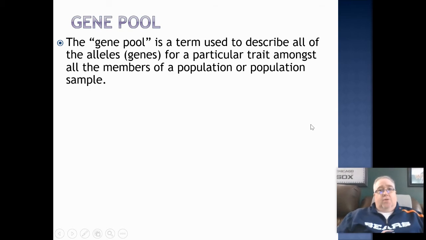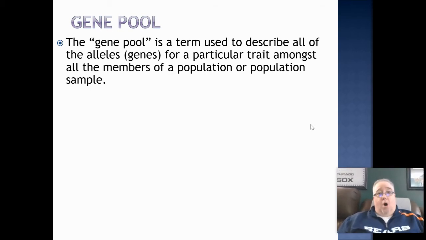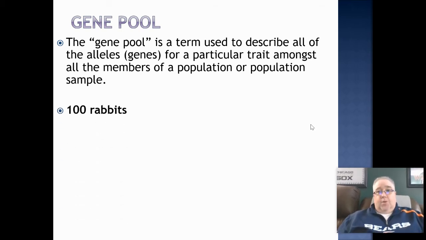It says here the gene pool is a term used to describe all of the genes or all the alleles, right? Those are the types of genes for a particular trait amongst all the members of a population or of a population sample. So if we collect 100 rabbits and we're studying their fur color, think about it.